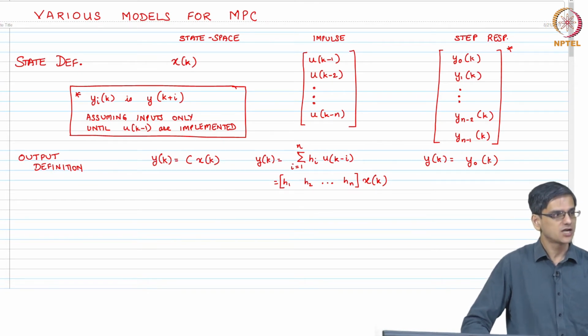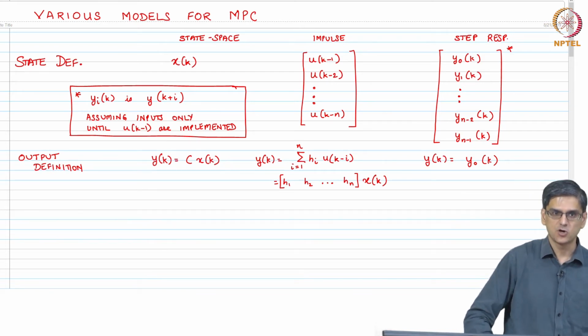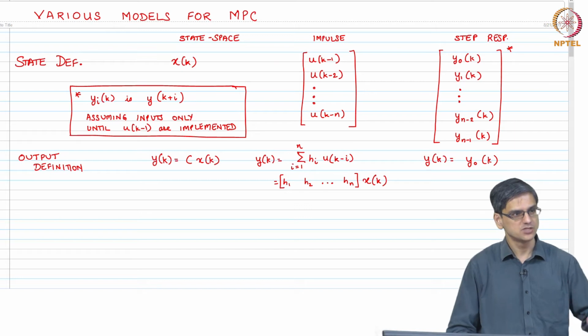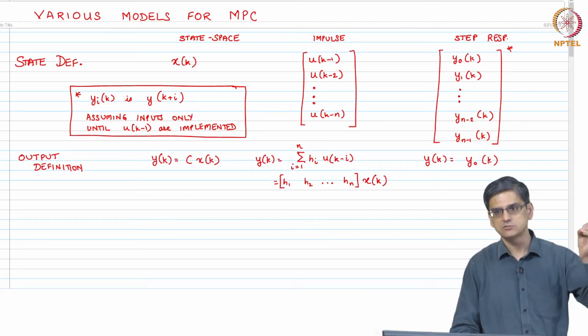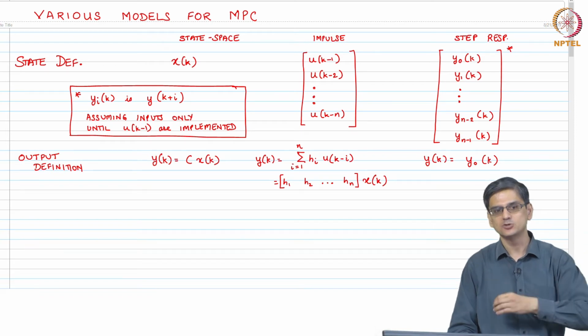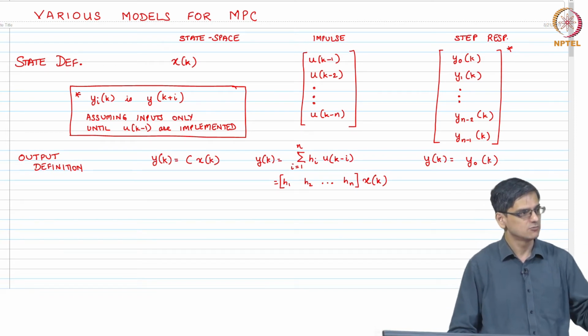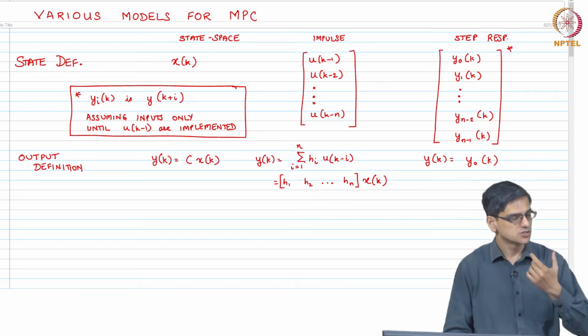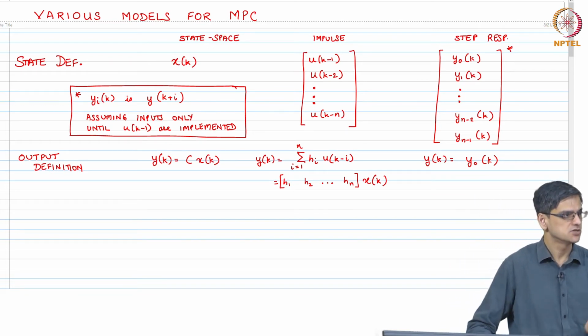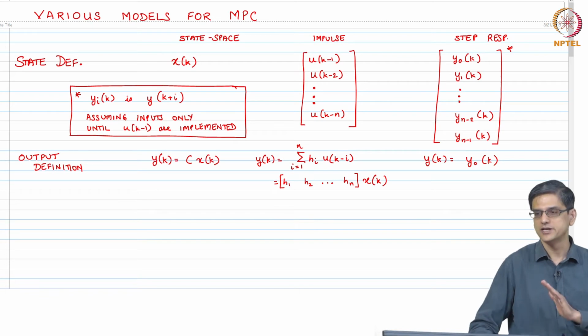We do not have a direct feedthrough. That was also my response to the student who asked why we wrote y equal to Cxk and not yk equal to Cxk plus Duk. We are assuming D is 0 throughout the entire course.